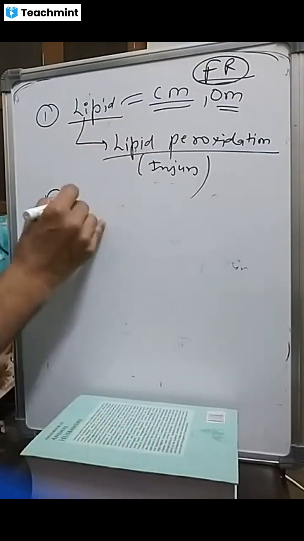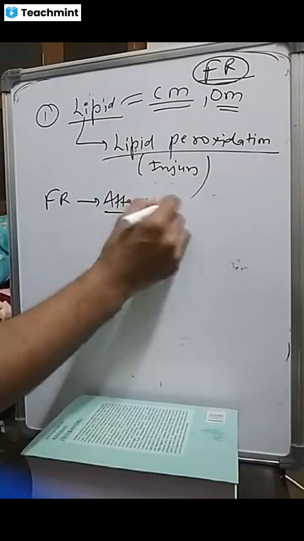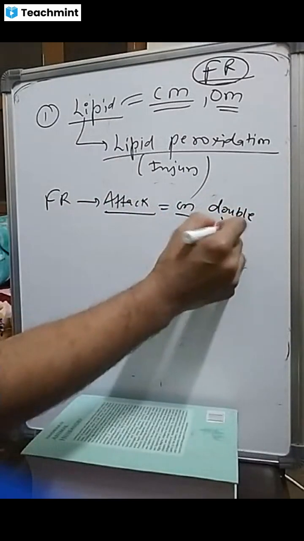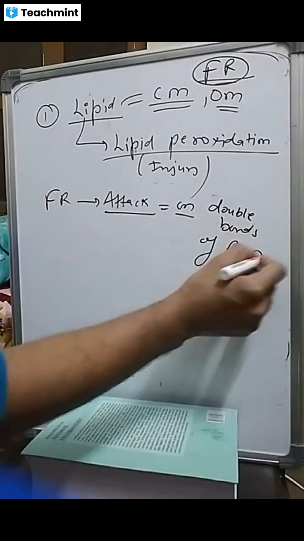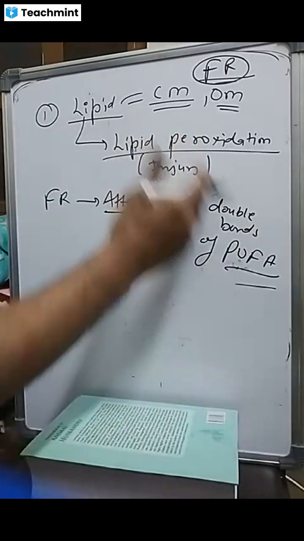These free radicals will attack the double bonds of fatty acids.